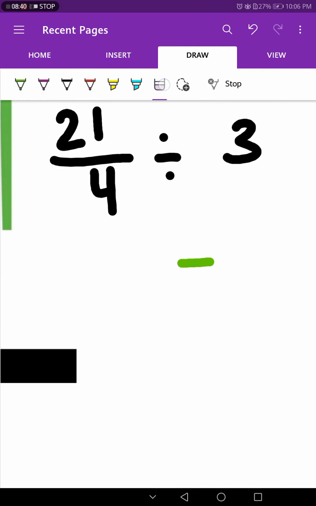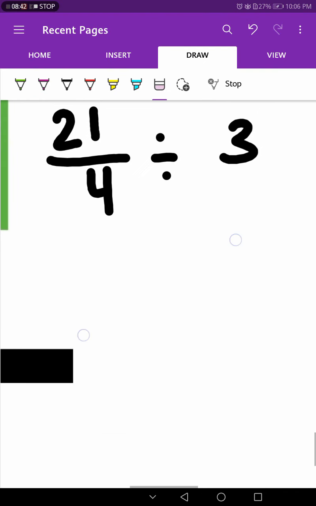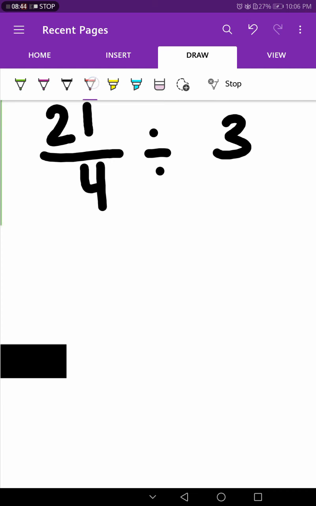Now I have this one. Fraction by whole number. We apply what we learned. The division will be multiplication. And because of that, we find the reciprocal of the divisor. But this is a 3, it has no up and down.